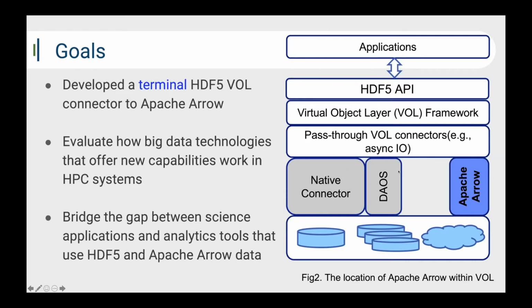The red figure shows the location of the Arrow VOL connector. We can see it's a terminal VOL connector, which is the last layer in the connector stack. Through this Arrow VOL connector, it can also bridge the gap between science applications and analytic tools that use HDF5 and the Apache Arrow data. Next, I will introduce the design of the Arrow VOL connector.